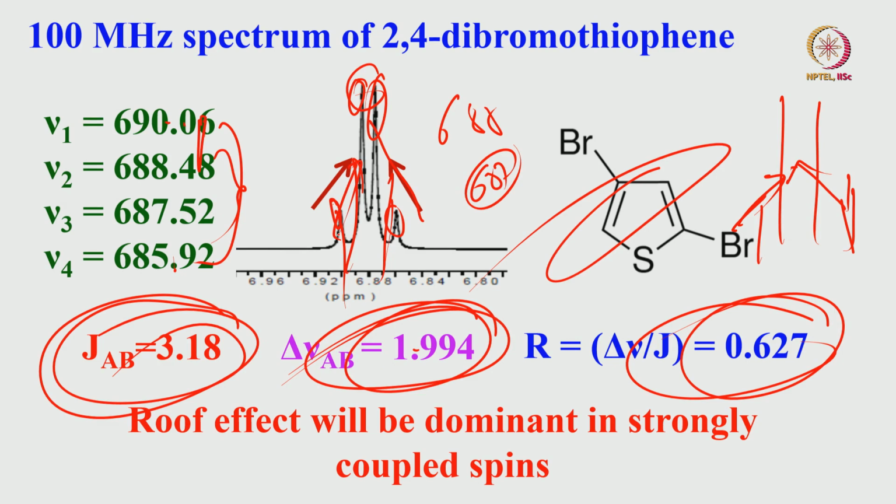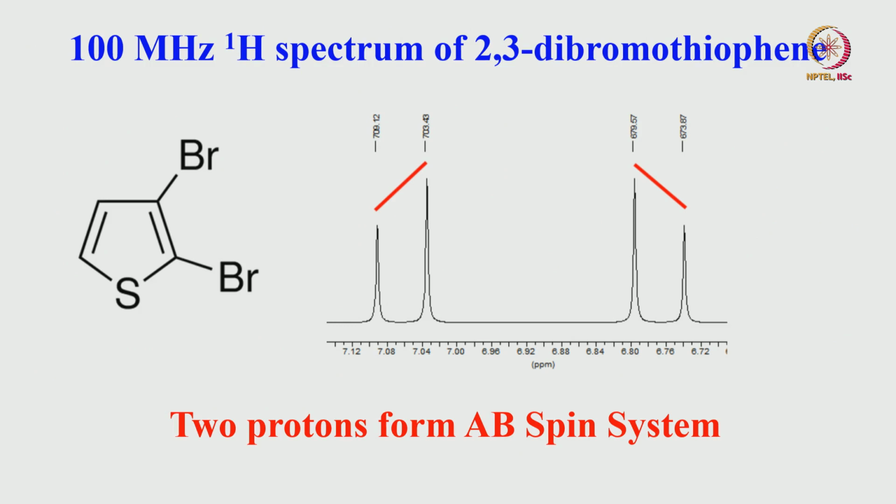So, the direction of tilting, the direction in which the intensity is changing, tells you which proton is coupled to which proton. This is called roof effect. And roof effect is a dominant phenomenon you will see in strongly coupled spins. In the weakly coupled spins, intensities are equal, roof effect will not be seen. Roof effect is seen in the strongly coupled examples.